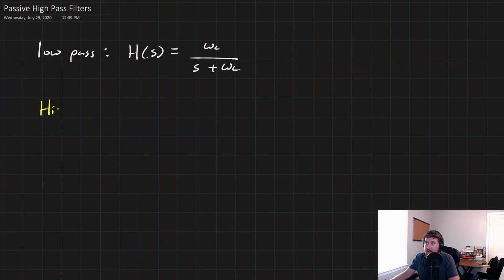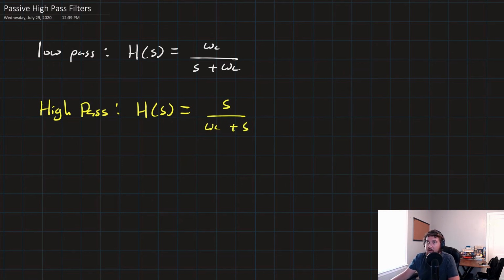For example, for low pass, we had a transfer function H of s equal to the cutoff frequency over s plus the cutoff frequency. But for high pass, we're going to flip it over. H of s is equal to s over s plus omega c. See, everything is flipped over.